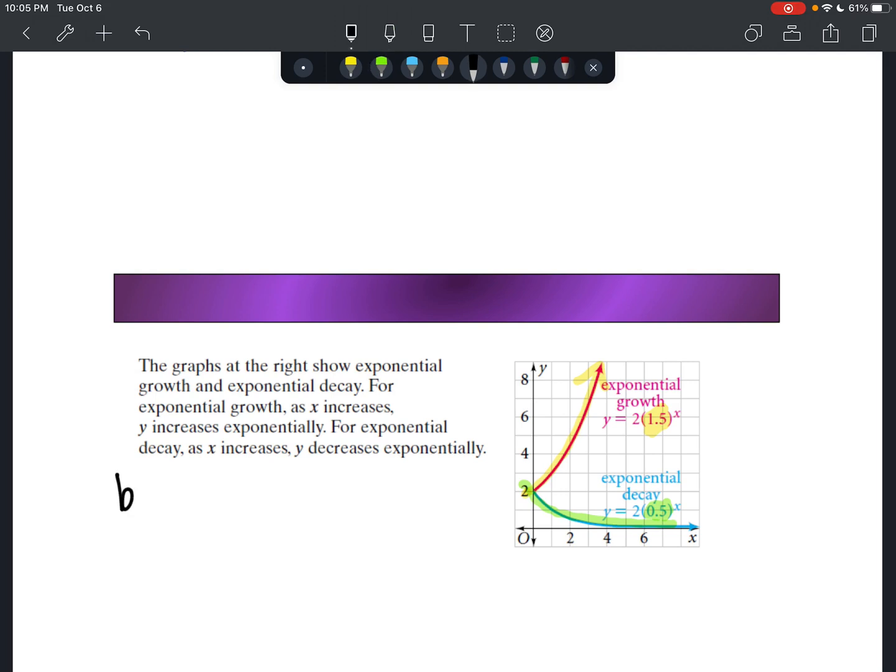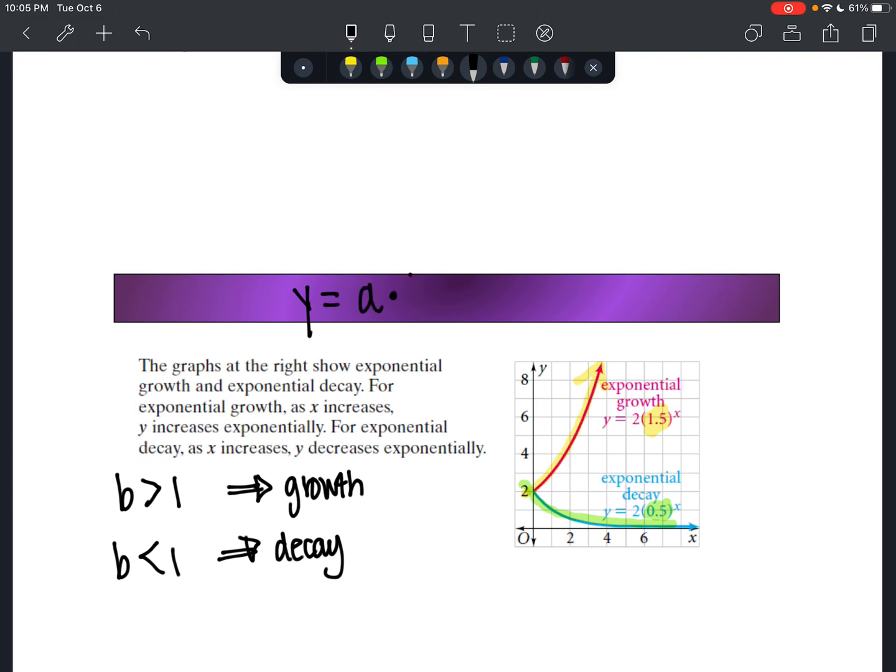So when B is greater than 1, we've got growth. And when B is less than 1, we have decay. And when I talk about B, we're talking about y equals A times B to the x.